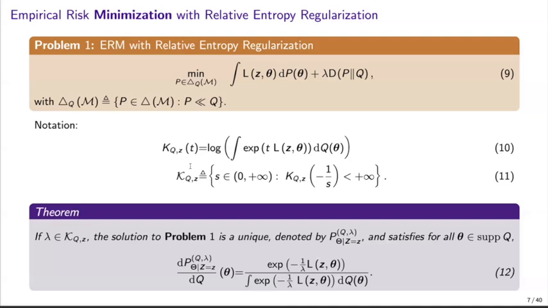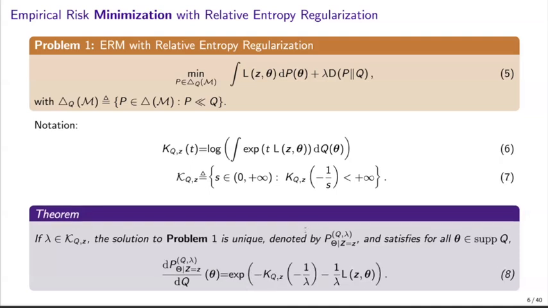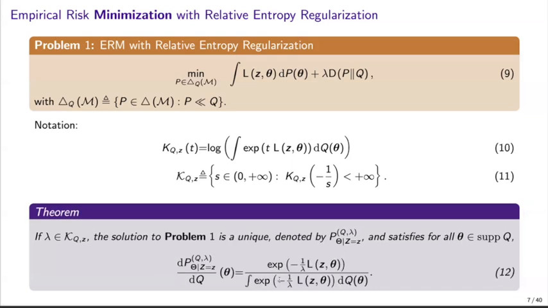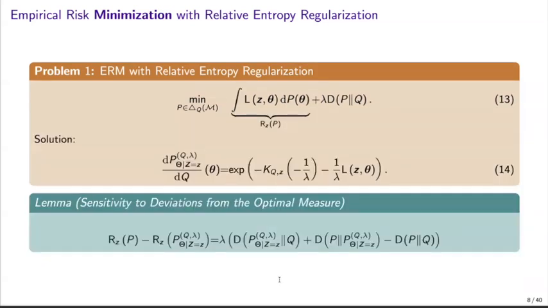Let us keep this KQZ as what we need in this function for this to integrate to one. Okay, so let's go on with that. Now, what I want to show you is an amazing property of this problem and its solution, and it is the following.